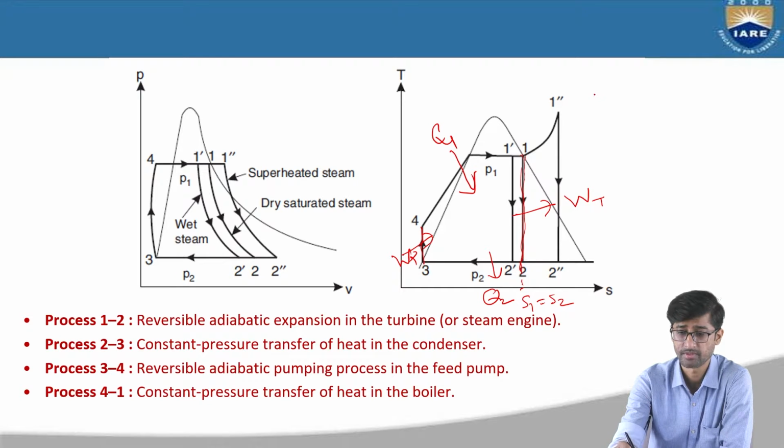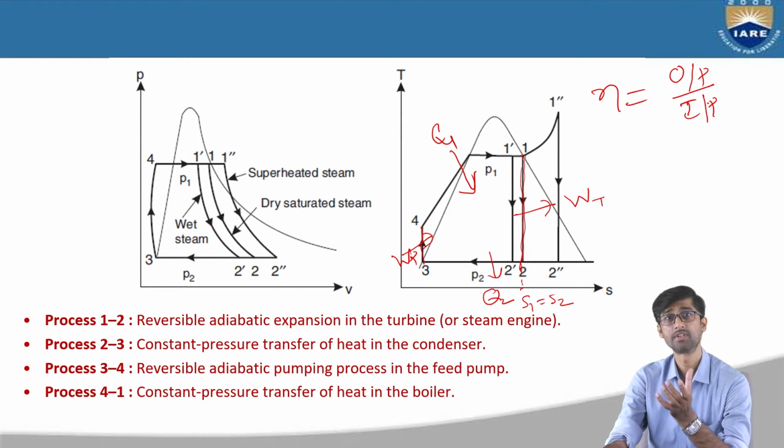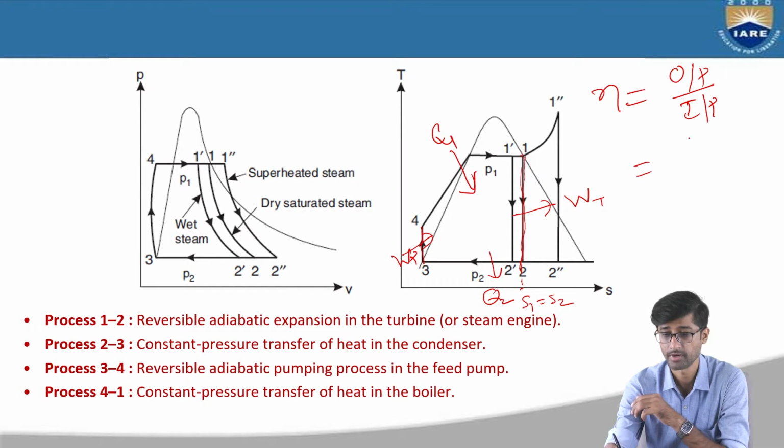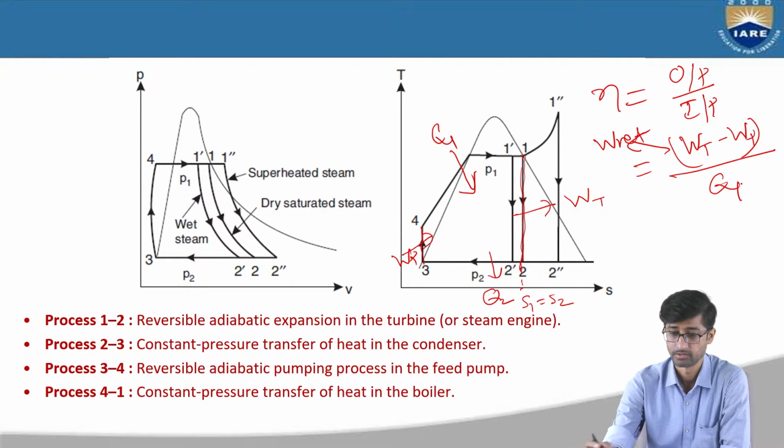Last class, I calculated the efficiency of the Rankine cycle. How do we calculate it? Efficiency is output by input. What is the output here? That is the turbine work minus the pump work, which becomes the net work done, divided by the input. We supply the heat to the boiler, so this is the input. The turbine work, 1 to 2 being the turbine, is H1 minus H2.